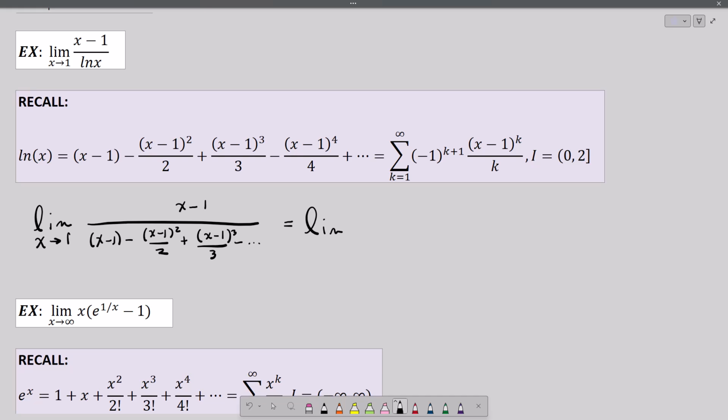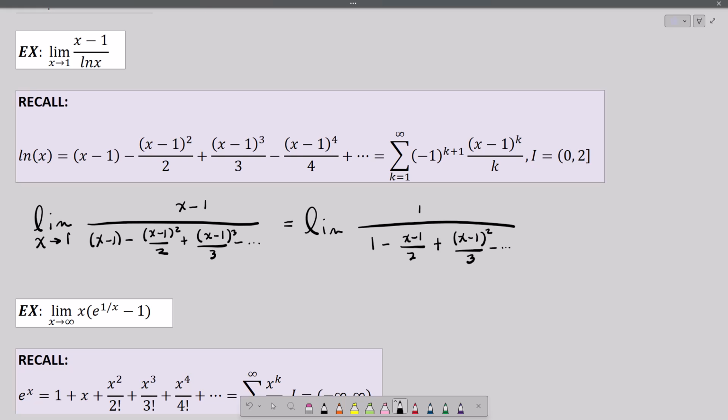So we're going to end up with a 1 in the numerator. And in the denominator, we'll get a 1 right there. And then minus, we're going to have x minus 1 divided by 2. And then here we have one of them canceling. So we're going to have an x minus 1 squared divided by 3, etc.